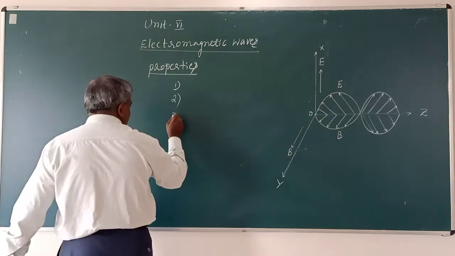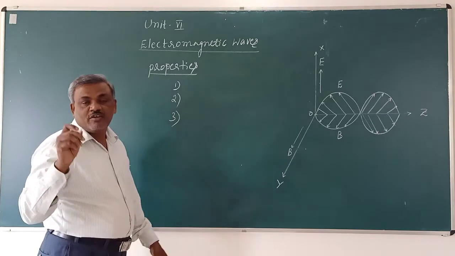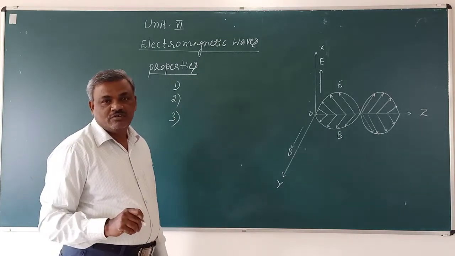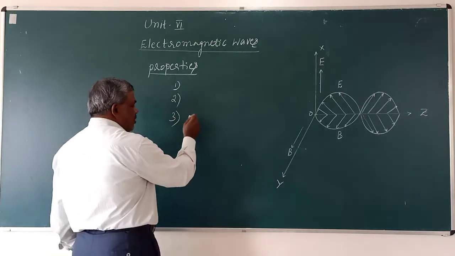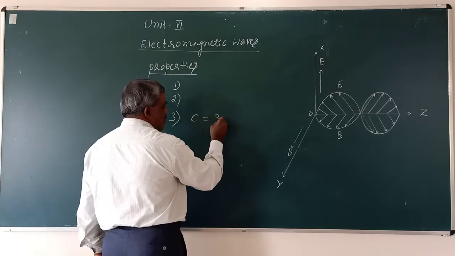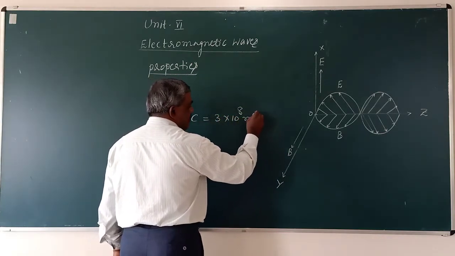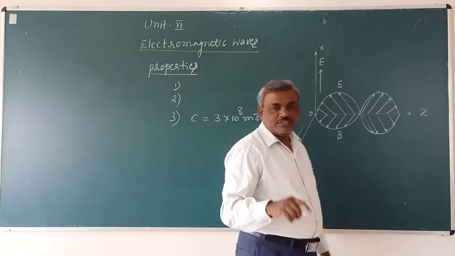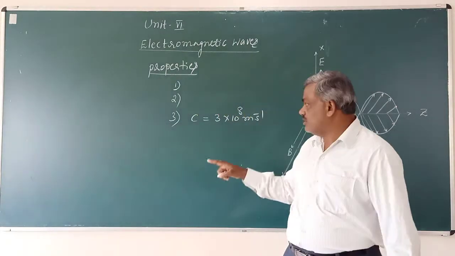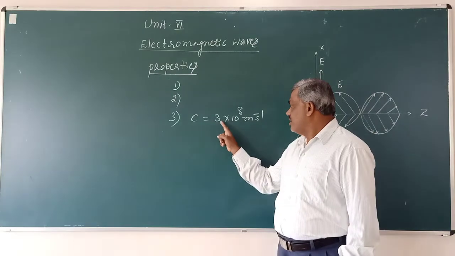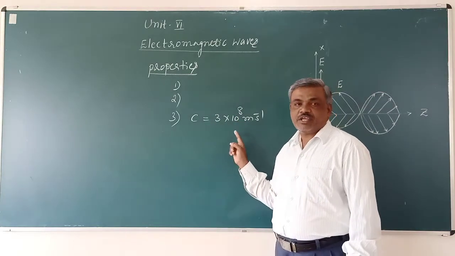And point 3, the speed of electromagnetic waves: C equal to 3 into 10 power plus 8 meter per second.